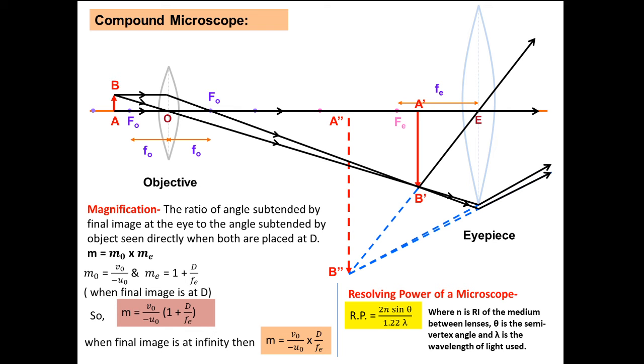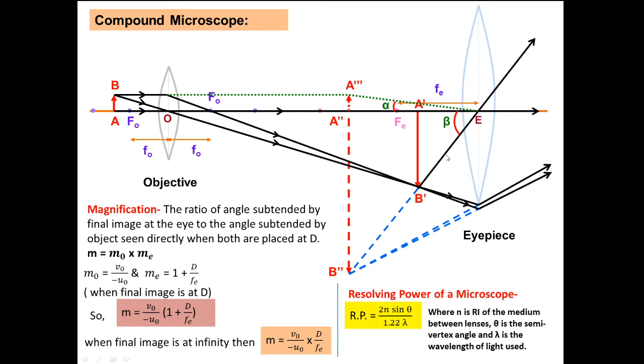Now how do we define the magnifying power? Magnification or magnifying power, or sometimes the angular magnification, is the ratio of the angle subtended by the final image, that is here A dash B dash, at the eye to the angle subtended by the object when both are placed at D. This final image we are considering here at D. So if the object is placed directly at D and seen by the eye, when the object is at D it subtends an angle alpha to the eye, and the image subtends angle beta.